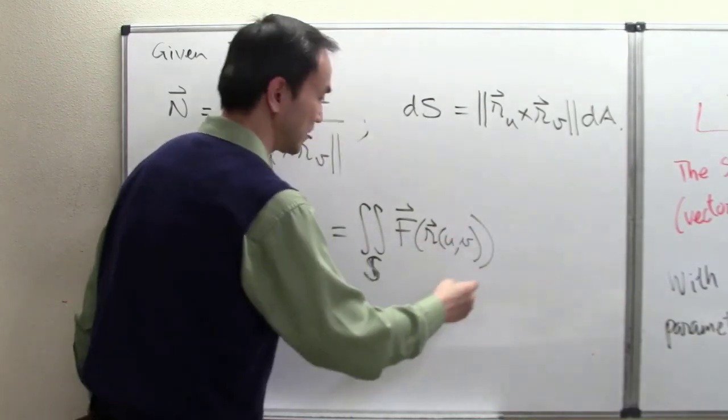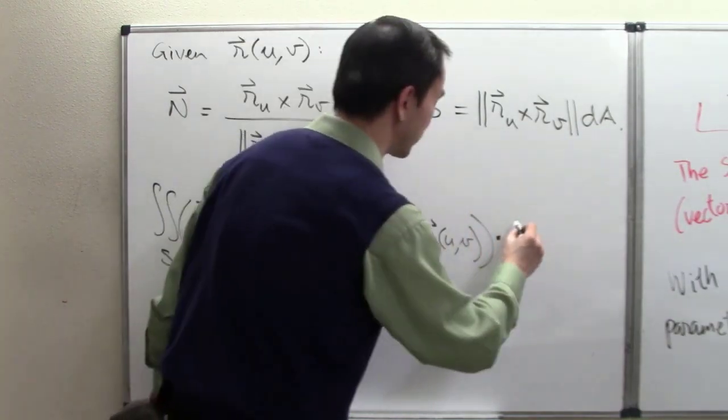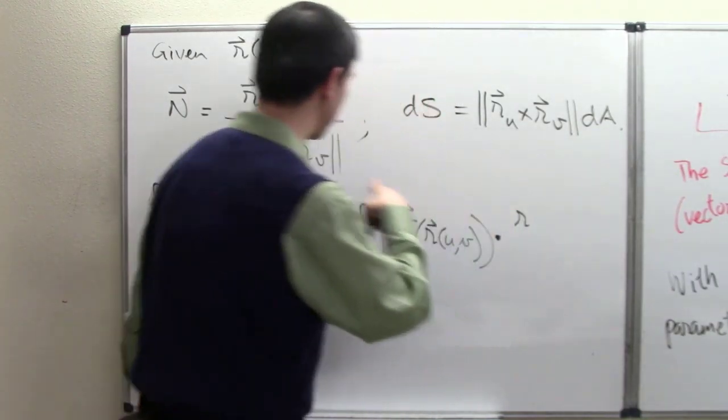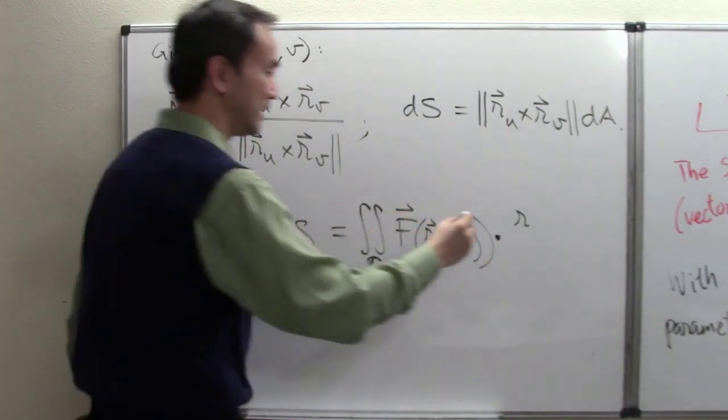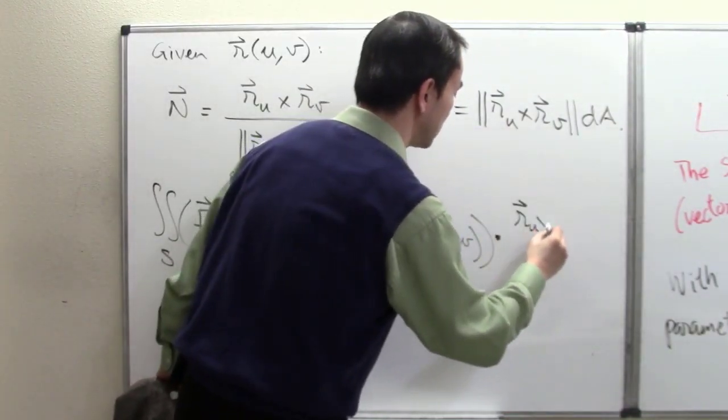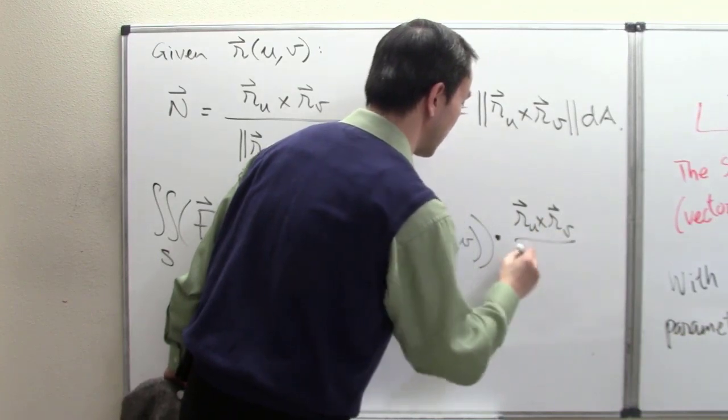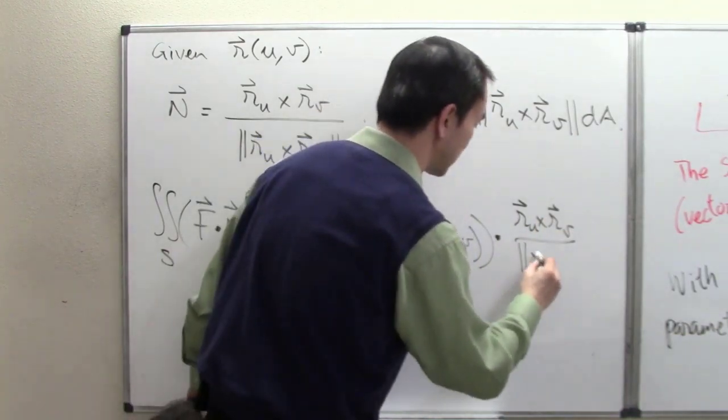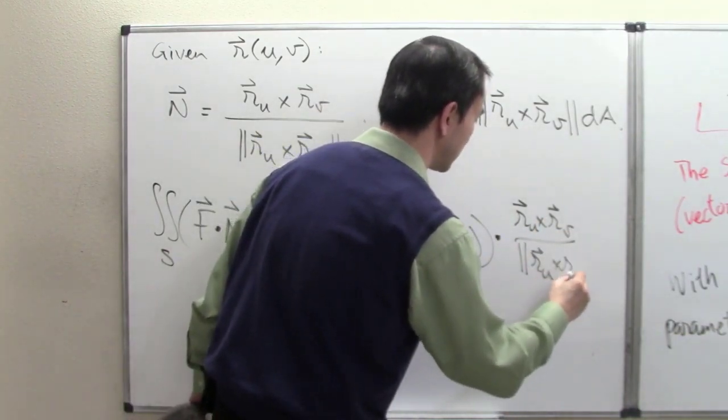Then we take the dot product, but now I can re-express that n, that capital N, as r_u cross r_v over the magnitude of r_u cross r_v.